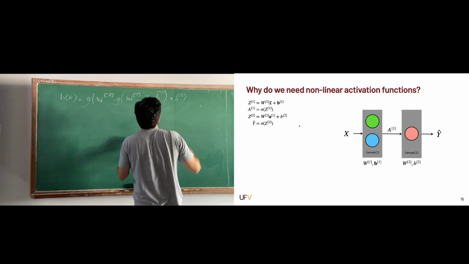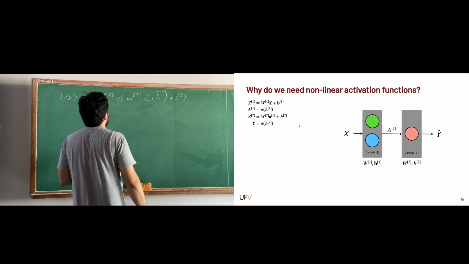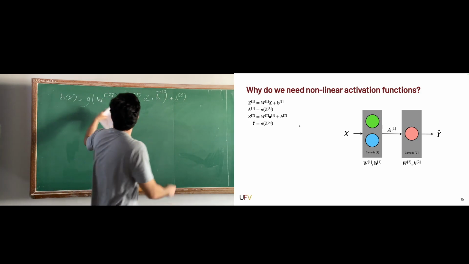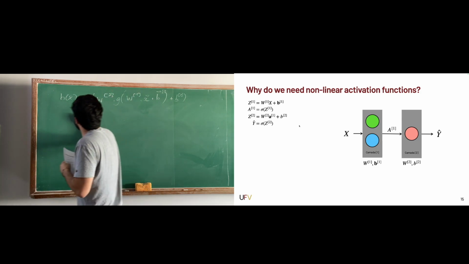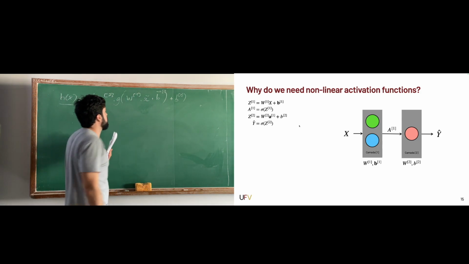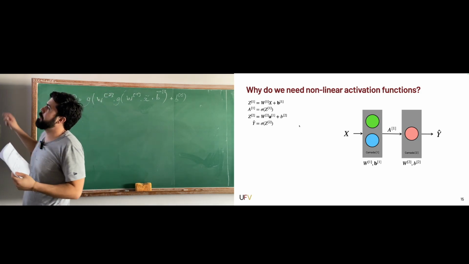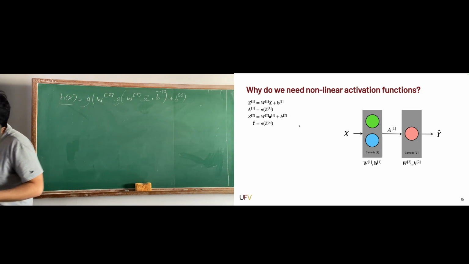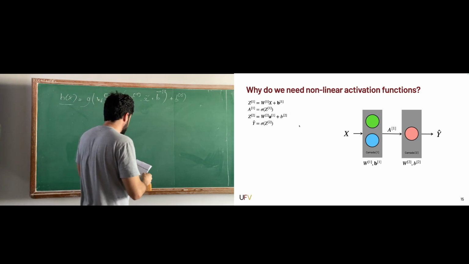This is just a number for this example here. Okay, so this h of X function, or this equation I wrote on the board, is the hypothesis space for this network we see on the slide.